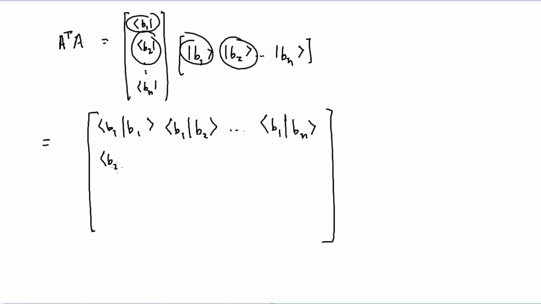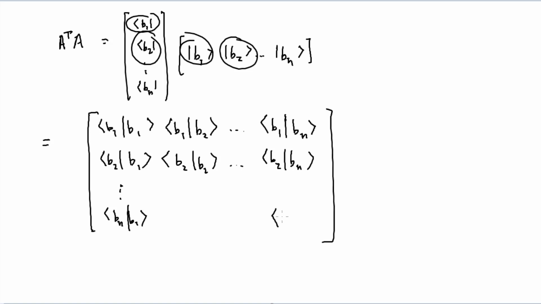So B2 multiplied by B1, so B2, B1, right, and then B2, B2, so on and so forth until we reach B2, Bn. And if we continue on in this general pattern, what we end up encountering is something along the lines of Bn by B1, right? And at this end down here we have Bn by Bn. Right, if we continue down in this general vertical direction, we have Bn and B2, right?